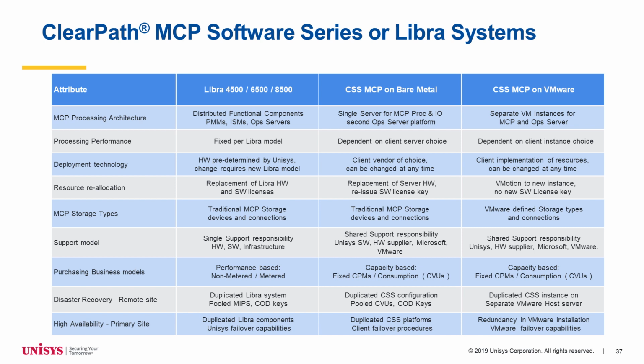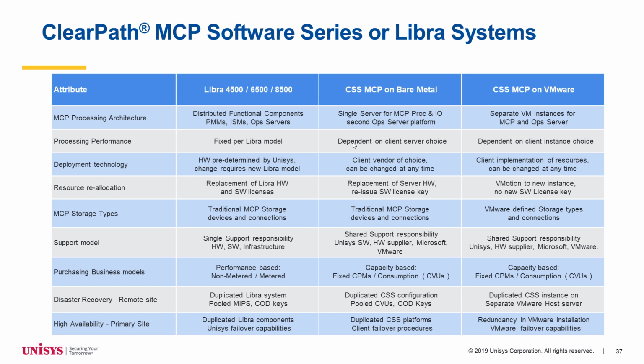So we're pretty reasonably sure of the performance that you get with a Libra model. Versus running on bare metal with MCP, it depends upon the server that you choose. So again, it's your choice and you have the flexibility to do that, but definitely your performance is based on the underlying hardware that you've chosen.